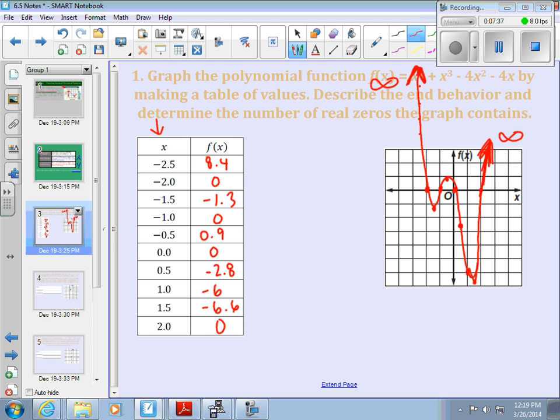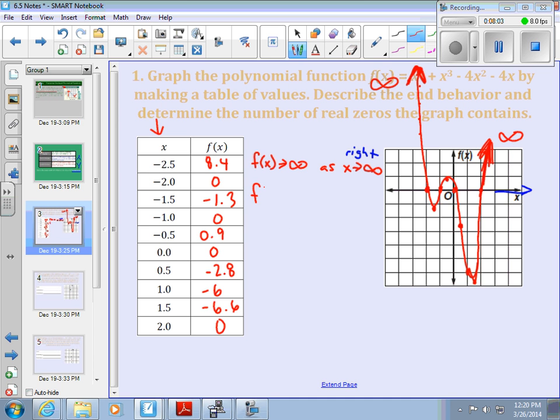That's going to infinity. So how we write that out is our graph, f of x, is going to infinity as x goes to infinity. That means going to the right. As we go to the right here, as we move this way, our graph's going to infinity.